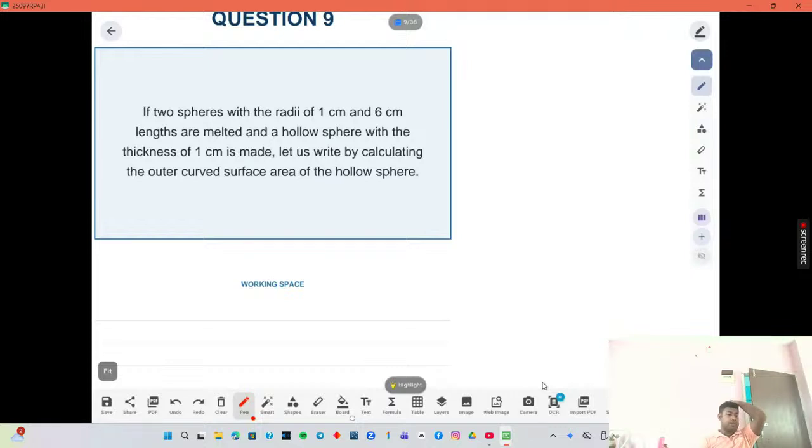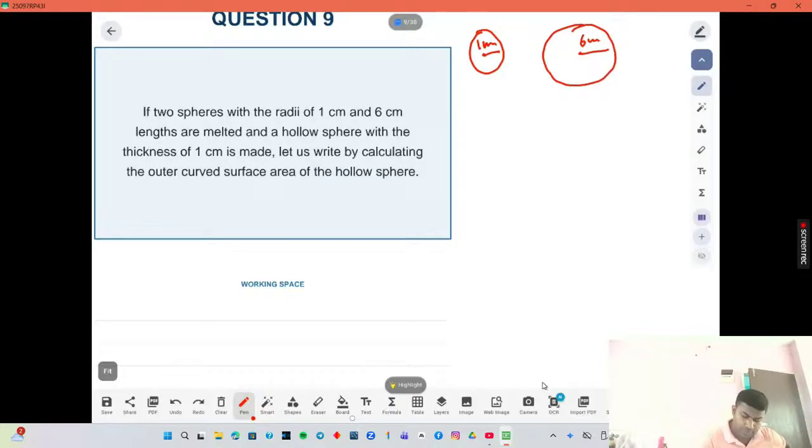Here, two spheres with radii of 1 centimeter and 6 centimeter are melted. So there are two spheres. This is the small sphere which has a radius of 1 centimeter, and this is the big sphere which has a radius of 6 centimeter.